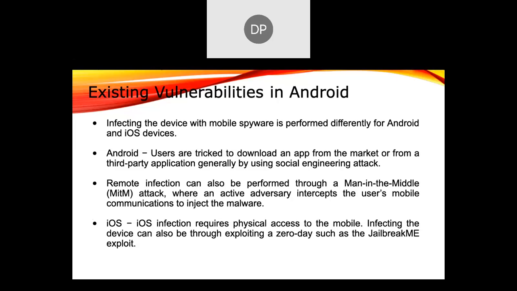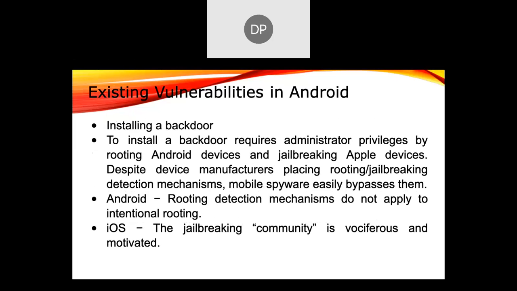Remote infection can also be performed through a man-in-the-middle attack, where an active adversary intercepts the user's mobile communication to inject the malware. For iOS, infection requires physical access to the mobile. Infecting the device can also be through exploiting a zero-day such as the jailbreakme exploit.